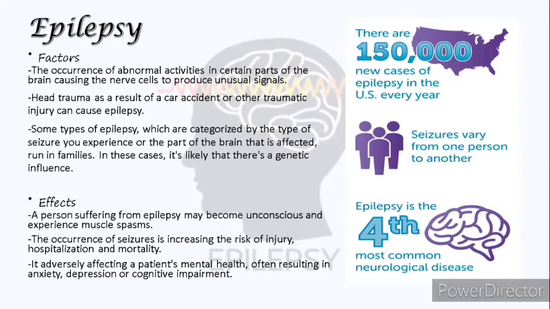Some types of epilepsy, which are categorized by the type of seizure you experience or the part of the brain that is affected, run in families. In this case, it is likely that there is a genetic influence.